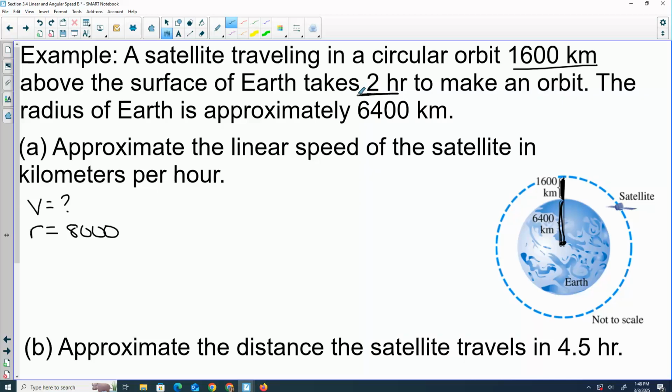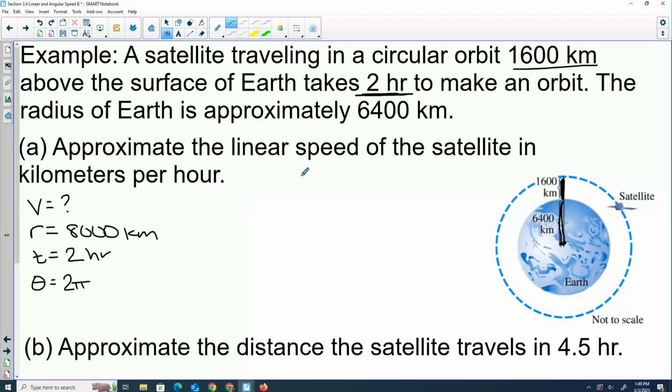It takes 2 hours, so hours would be a time to make an orbit. What does an orbit mean? So if you go all the way around, what's your angle? 360 degrees, and we always do radians, which would be 2 pi.